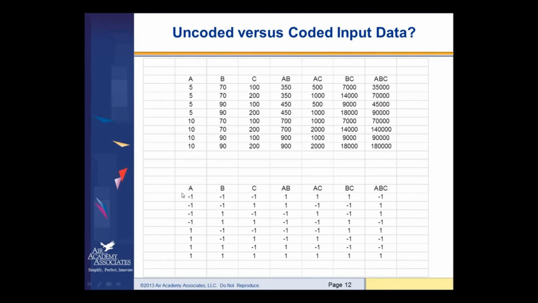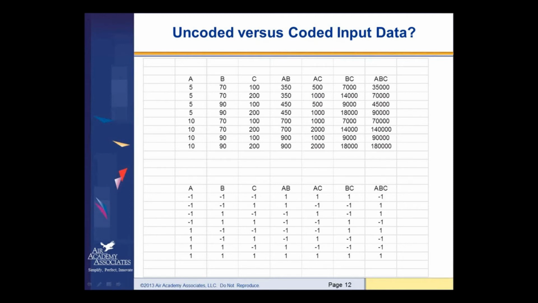But if you do it on the coded format, if you took column A times column B, like down here, these two columns, you multiply them to get column AB, guess what? Column AB will be completely uncorrelated with column A and column B, which is not the case up here. Column AB will be hugely correlated with A and B. But this down here is what we want. We want all of the effects that we might want to evaluate to be evaluated independently from all of the other factors and effects.